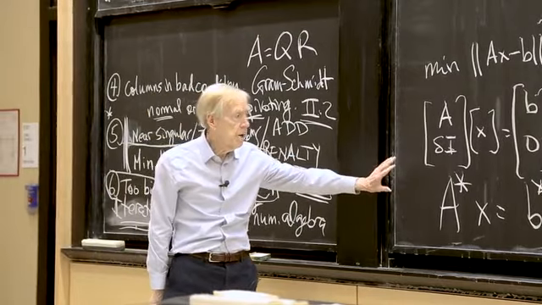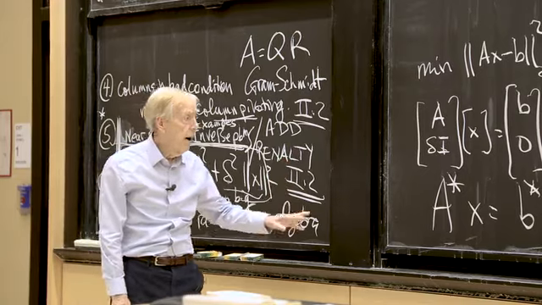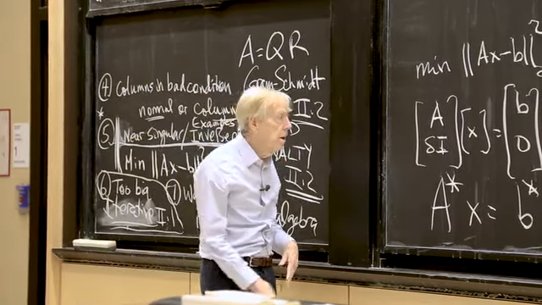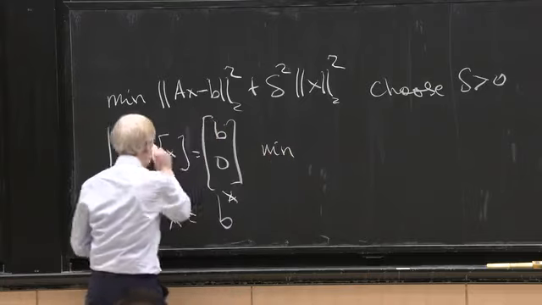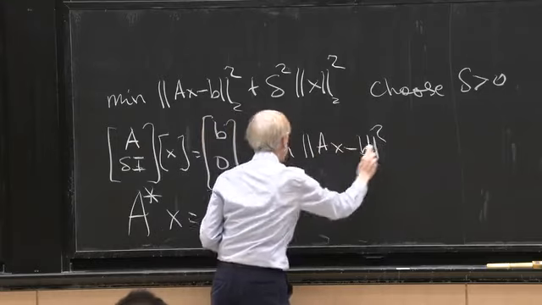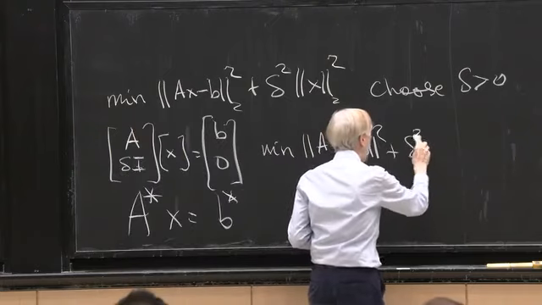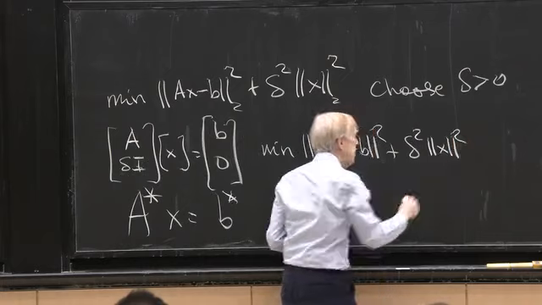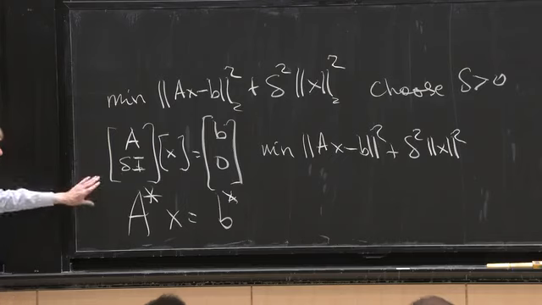So if I apply least squares to that, I minimize the sum of squares, and least squares would minimize the norm of Ax minus b squared from the first components, and delta squared times the norm of x squared from the last component, which is exactly what we said we were doing. So in a way, this is the equation that the penalty method is solving.